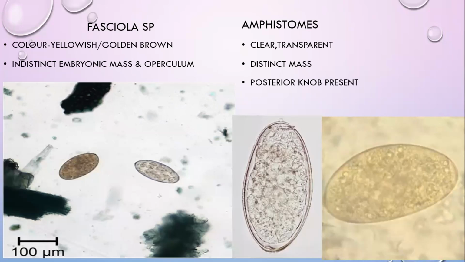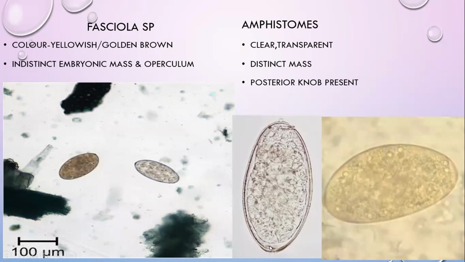So to differentiate the fasciola and amphistome egg, it is essential to know that the fasciola egg has a yellowish or golden brownish tinge to it. Amphistome egg is quite clear and transparent. Another thing is that in case of amphistome egg, the inner embryonic masses or divisions are very distinct, quite distinct compared to the fasciolid eggs.